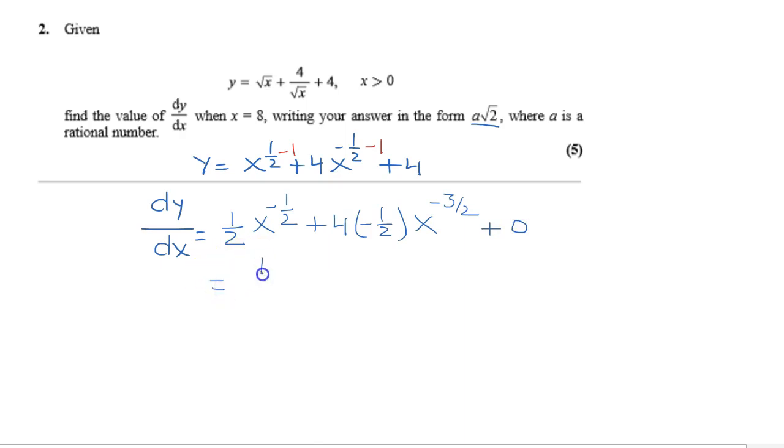So this is equal to 1 over x to the power half, which is root x, minus half is 1 over root x, so 2 over root x. Then this is minus 2 over x to the power 3 over 2.